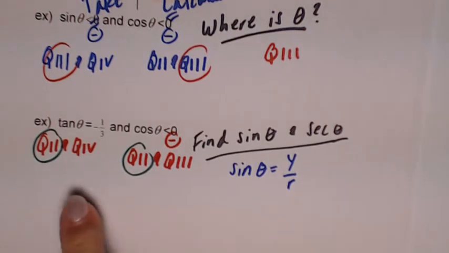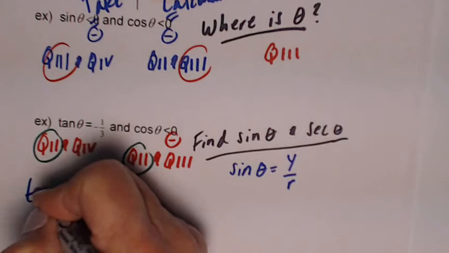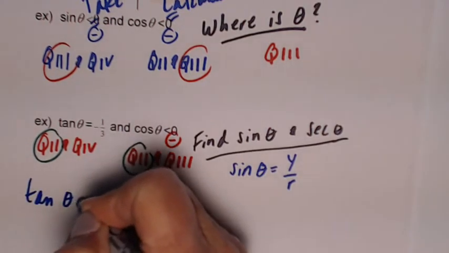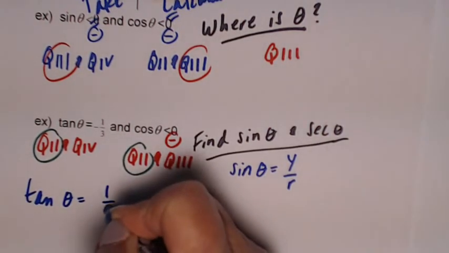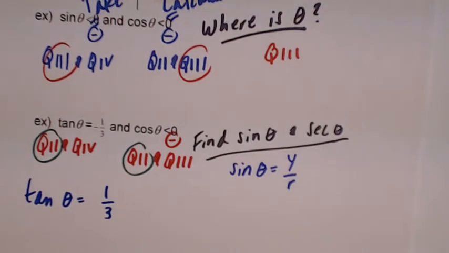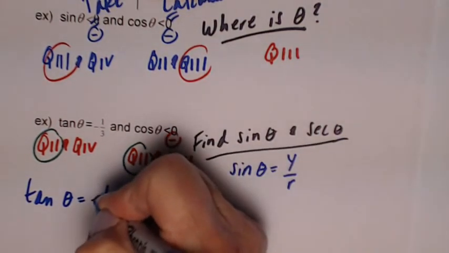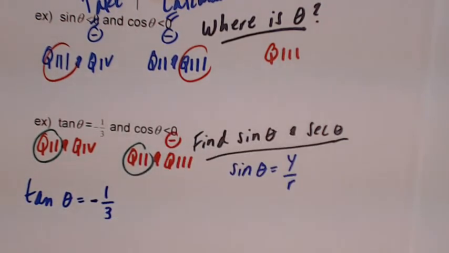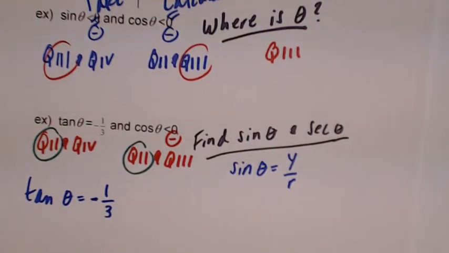Looking here at the tangent of theta, we are told that it's negative 1/3. In our example, that negative sign is written in front of the fraction, and we don't know whether it is in the numerator or the denominator. We're just told that the whole fraction is negative.